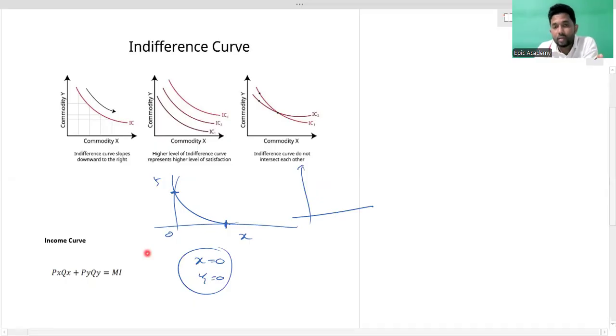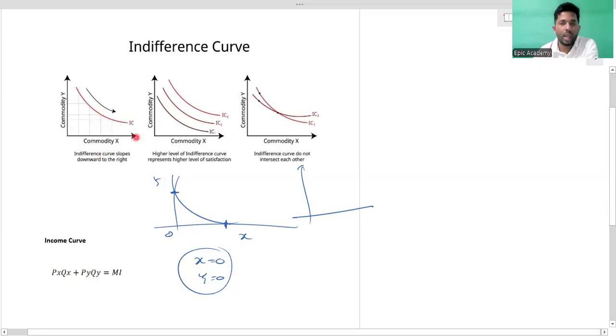First of all, I say that the particular consumer tries to consume both commodities. That is why this curve is not going to cross the horizontal axis or the vertical axis. So then it becomes convex to the origin, isn't it?